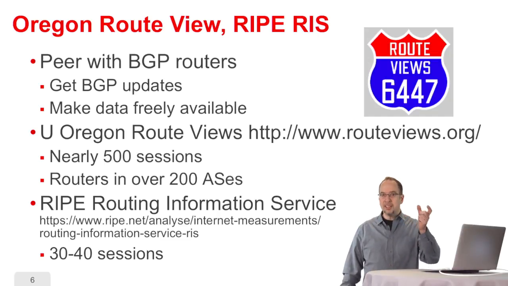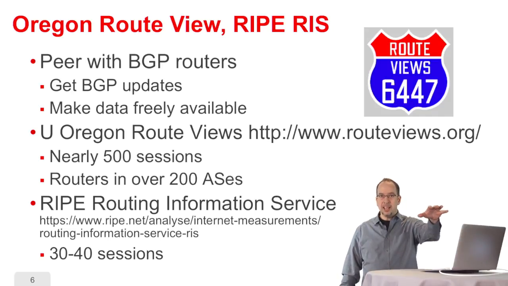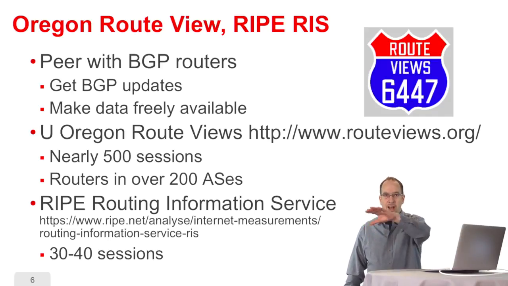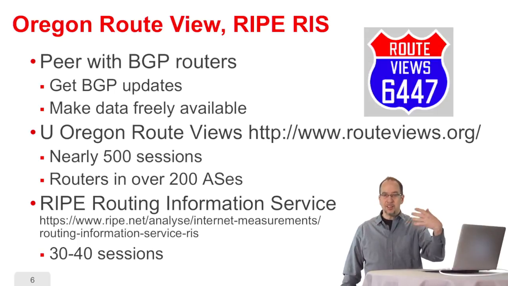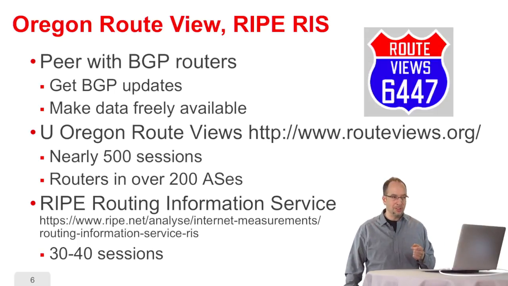So there's a peering that's established with those routers, and they get all of the BGP updates, and so they can get information on how the BGP updates look from many different parts of the world.